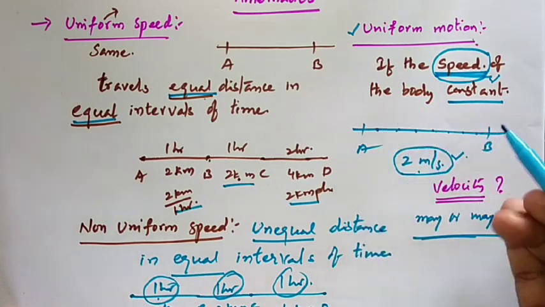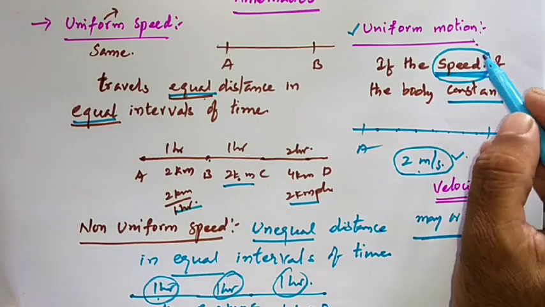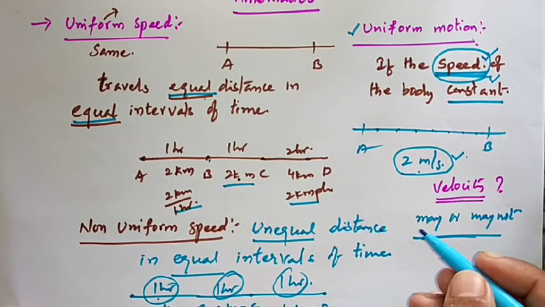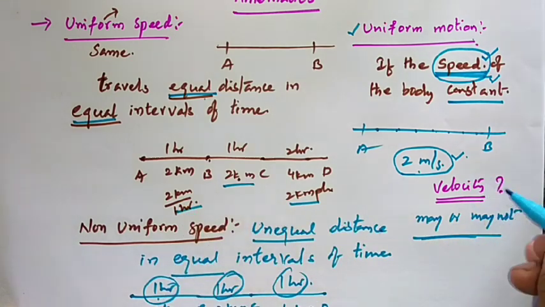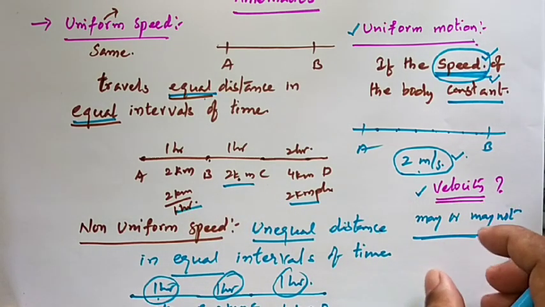If the body moves in a straight line, then velocity is also constant. Otherwise, velocity is not constant in uniform motion.